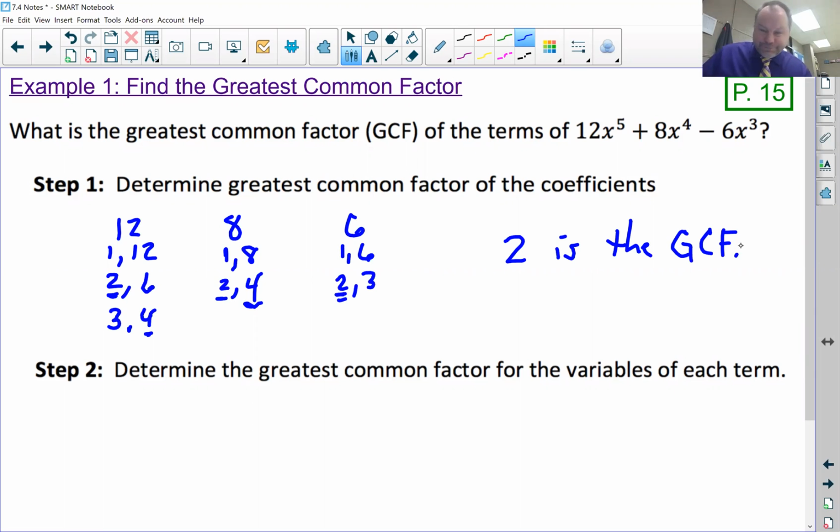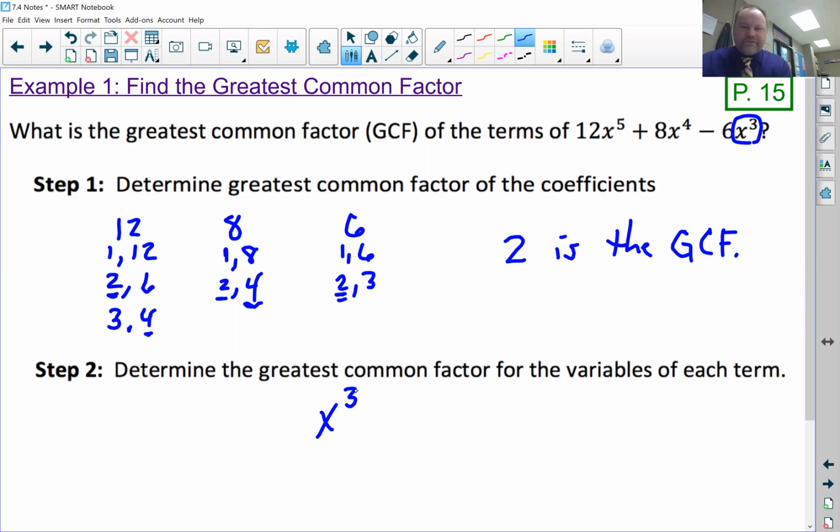For the coefficients, the greatest common factor for the variables, if your expression is written in standard form, is very easy. Look at the last term. If it has a variable, that variable will be the greatest common factor. So this has an x cubed.